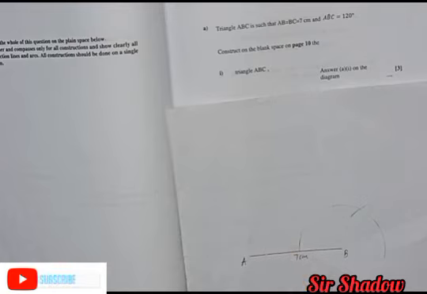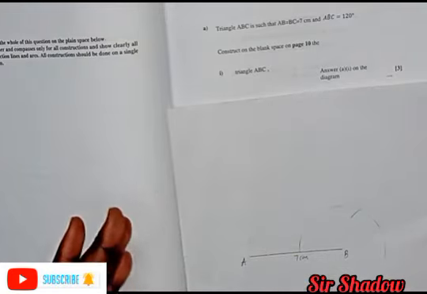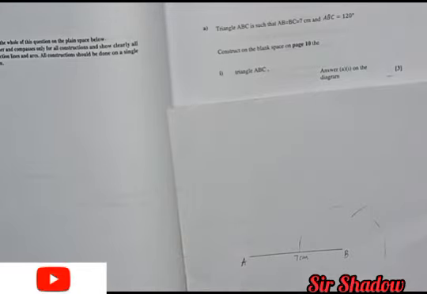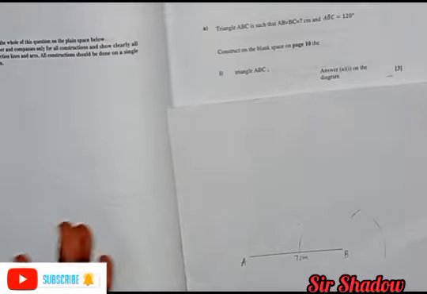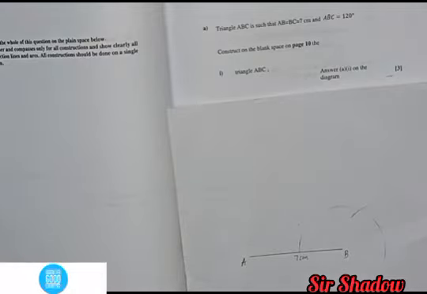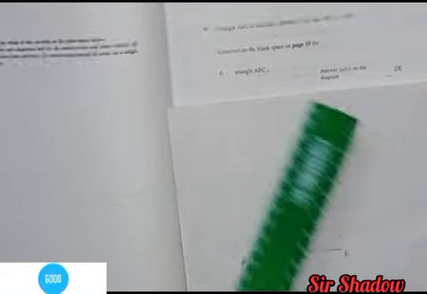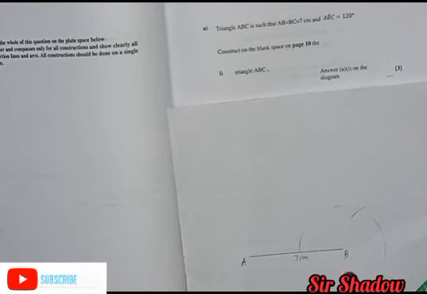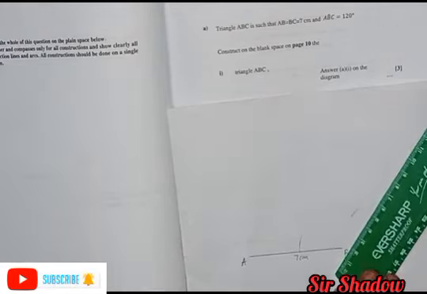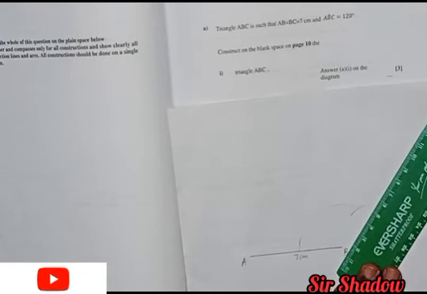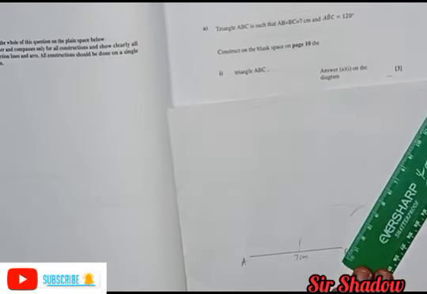You see, since we attach it outside the half circle, it means 120 degrees is inside and 60 degrees is outside. So this is how to construct 120 degrees if you're asked to do so. Then we have to draw from B to C, but the question said BC is equal to 7 centimeters.